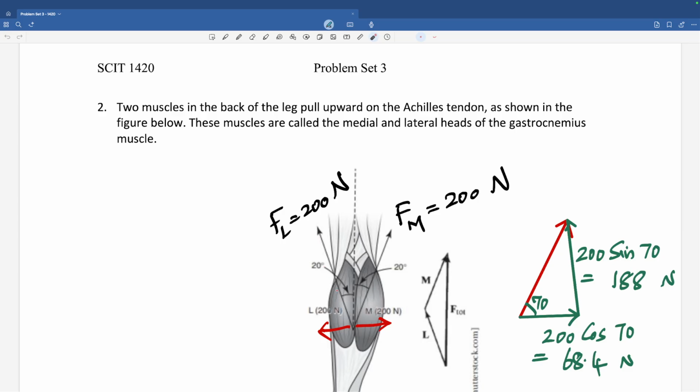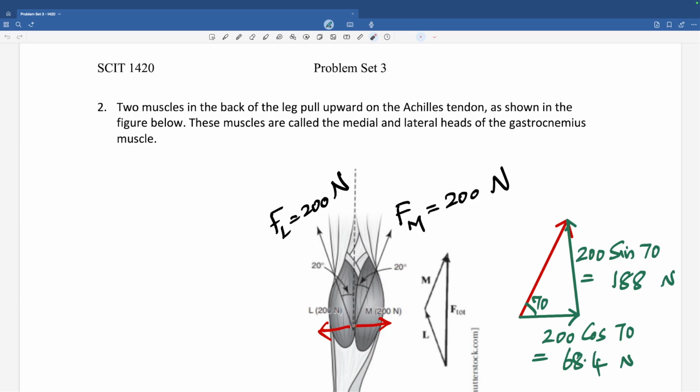When you do that, you can see these red arrows that I've shown to help you understand that the x components are going to be equal and opposite, right? Because this is going to have an x and a y, just like this has an x and a y. So what's happening is the x components being equal and opposite cancel out. So there's no net x.